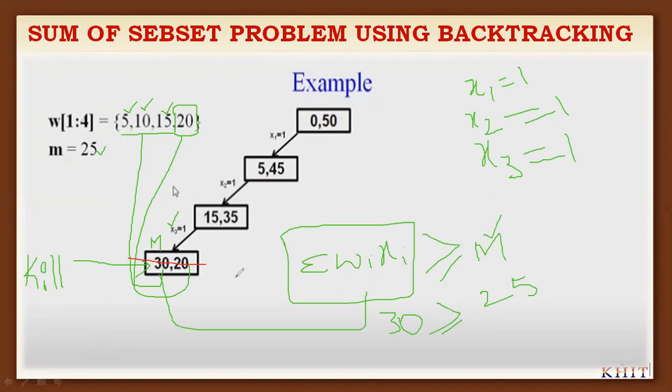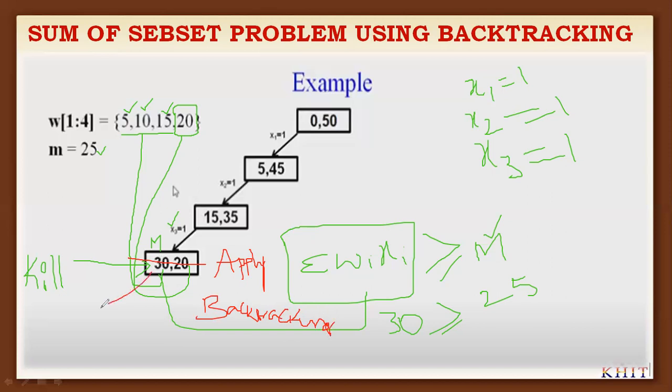When you do not get the solution, you simply kill the last node and apply the backtracking technique.